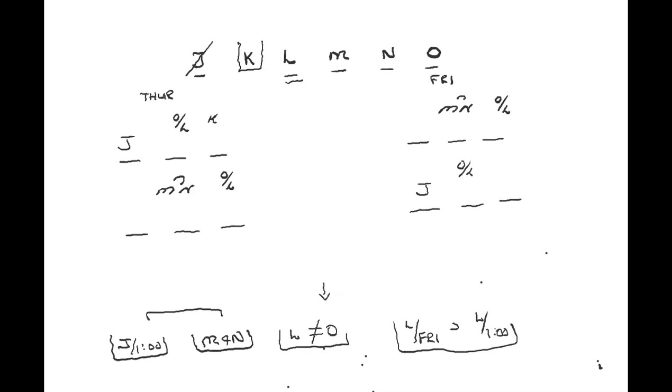Let me see if there's any other deduction here, and there is one that jumps out at me, which is, remember, if L is on Friday, L's got to be at 1 o'clock. So in this bottom hypothetical, we have L available on Friday where J is at 1 o'clock, and that cannot be.